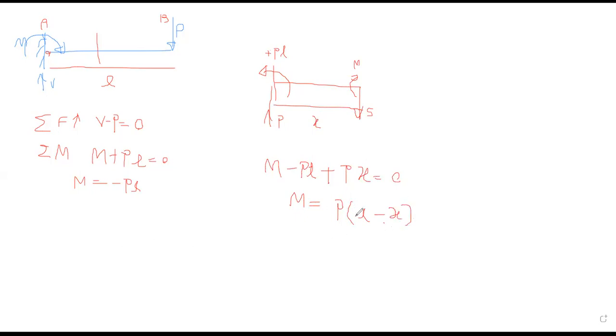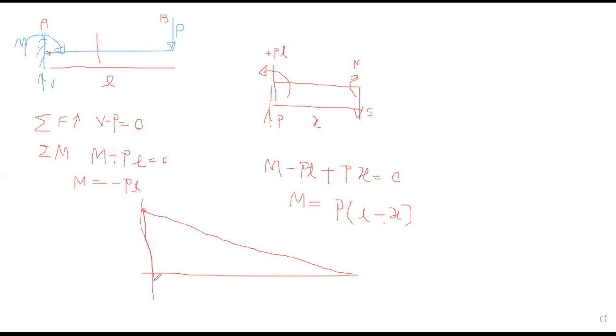At x equals 0, you have the highest bending moment, PL, and at x equal to L, it's 0. So your bending moment will be a triangle.